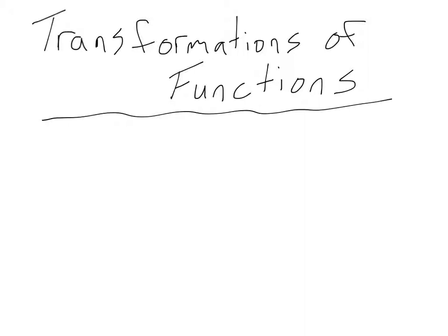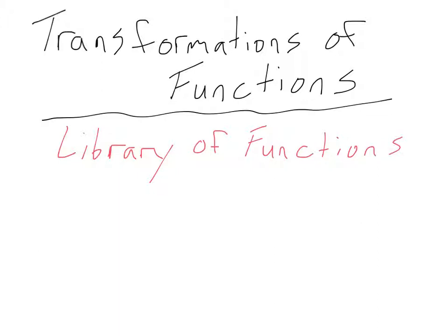And so we have sort of a library of functions so far that we're familiar with, which I'm just going to go through and list off. All the types of functions we're familiar with, at least the basic versions of which we are familiar with. And we are going to use them as examples today when we're talking about transformations of functions.